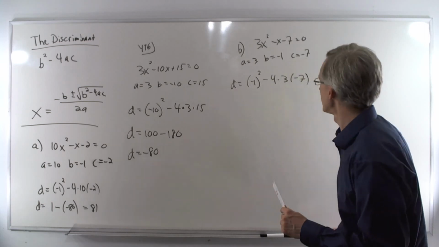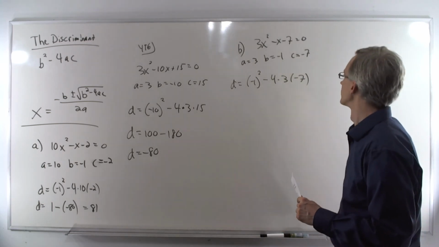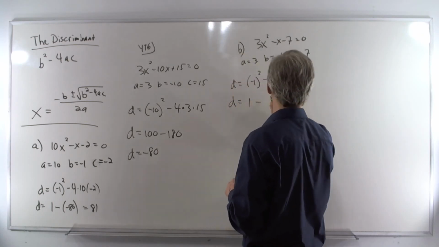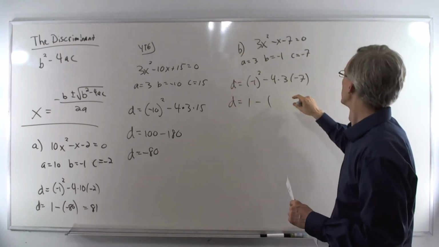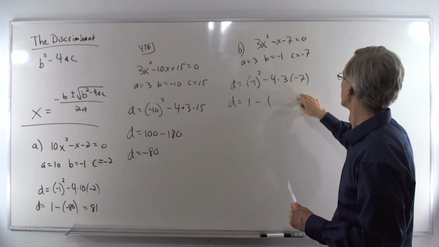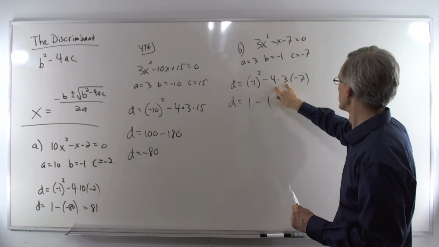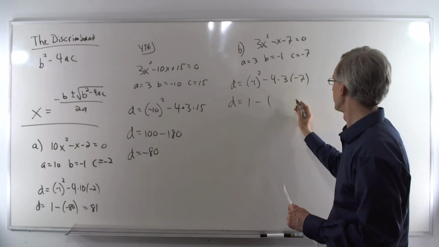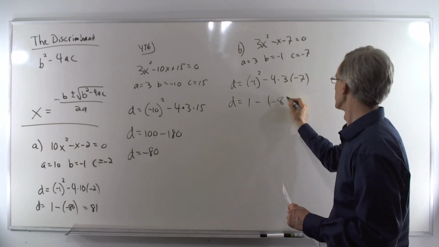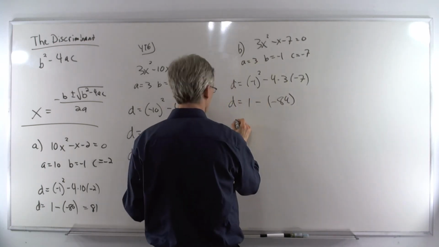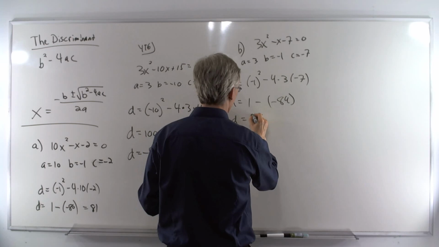Minus 4 times A times C. So we got D equals -1 squared is 1 minus, we got 4 times 3 is 12, times 7, that's going to be 84. And it's negative. So it gives us 85.